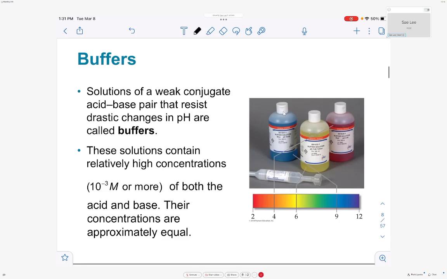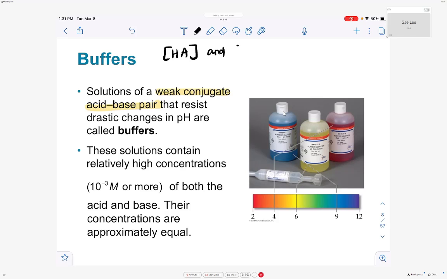Now let's move on to talk about buffers. A buffer is a solution mixture of high concentration of a weak conjugate acid-base pair.